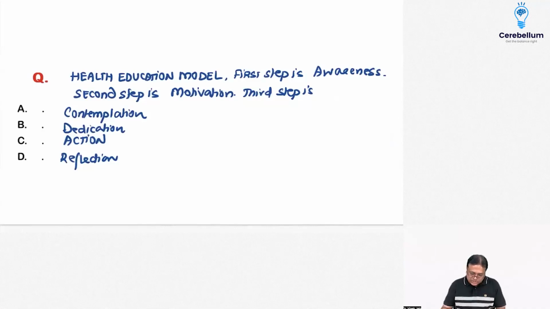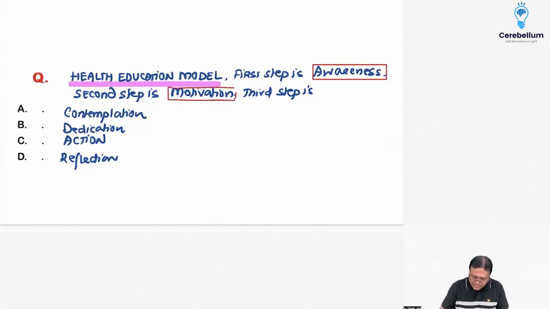Okay, there was a question on health education model. Multiple models are there, out of which the motivation model is mostly used. See what they mentioned in the question. First step is awareness, friends. Second step is motivation. You tell me what should be the logical answer. Should it be contemplation? Should it be dedication?